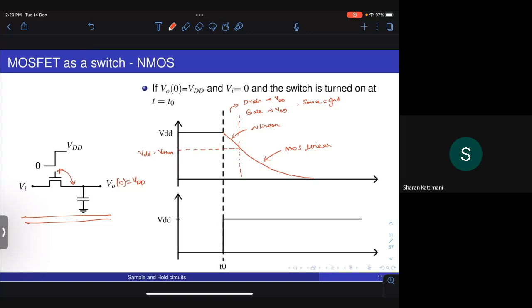So essentially, the discharge is exponential, and at time t equal to infinity, it will basically reach 0 volts, right? So this is how the output discharges if the transistor is an NMOS and the capacitor is discharging from VDD to ground. So if you notice here, the resistance of the MOSFET is high in this region.